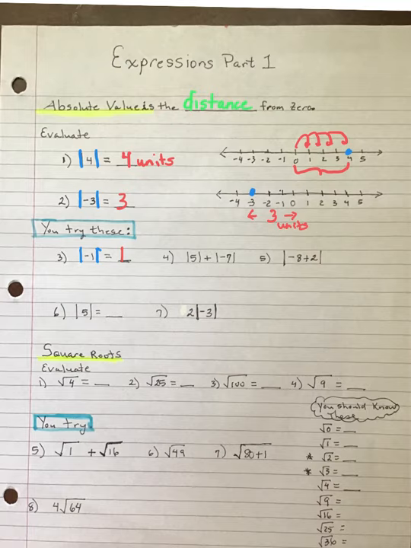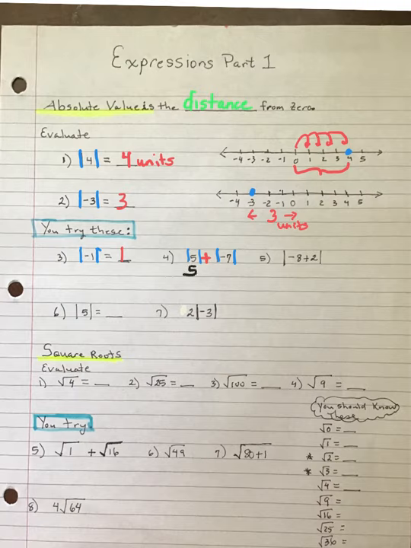Notice in problem number 4, you read that problem as the absolute value of 5 plus the absolute value of -7. So we have to do the absolute values first. The absolute value of 5: how far is 5 from 0? It is 5 units.